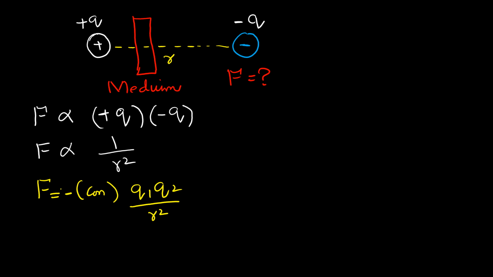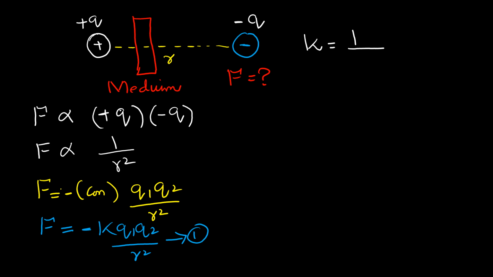Now you know that the Coulomb constant of proportionality is K. So the Coulomb force between two opposite charges will become K Q1 Q2 divided by R square. Let's say this is equation number 1. And dear student, you know that K is the Coulomb constant and it is equal to 1 over 4 pi epsilon naught.